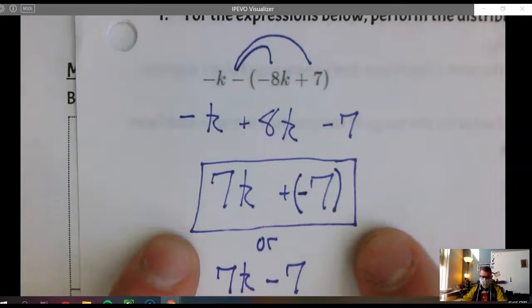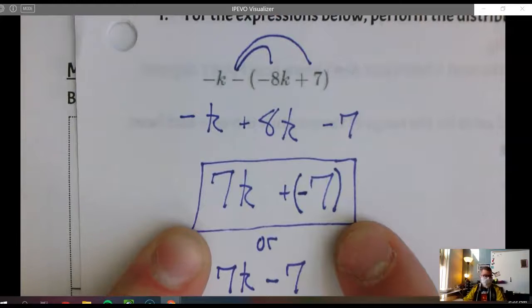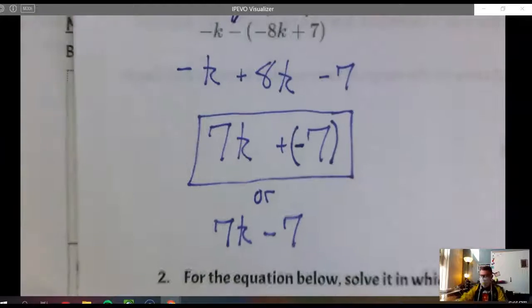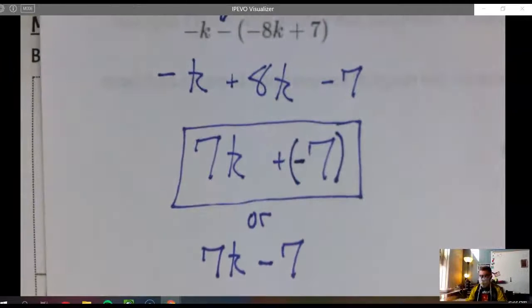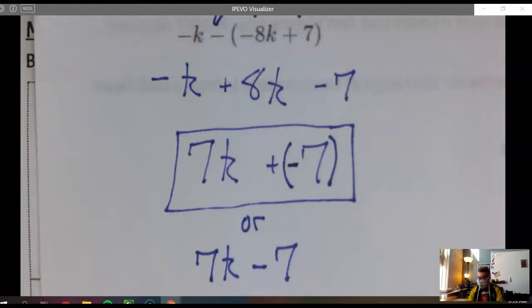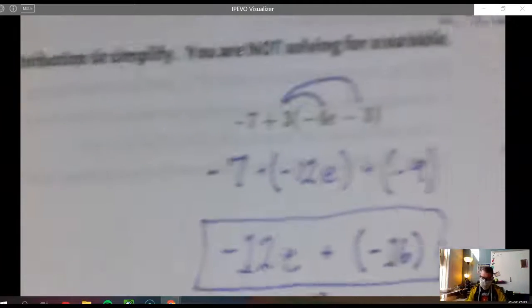We combine like terms and get a positive 7k, a negative 7. Or you could write minus 7, but I don't like subtraction because I have lots of mathematical biases about addition and subtraction.